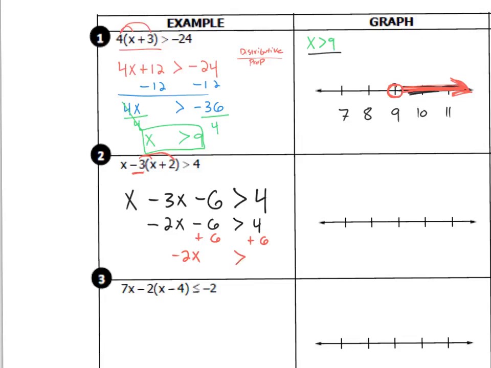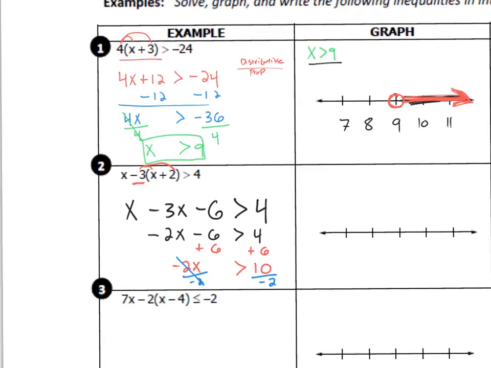is greater than 10. Now, here's this weird rule, and I'll explain this a little bit more on Monday: when we divide by a negative number, we're dividing by -2, they cancel out and we get x, but we have to flip the sign.